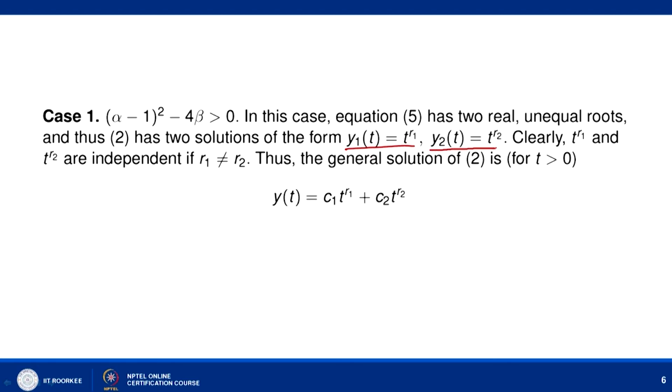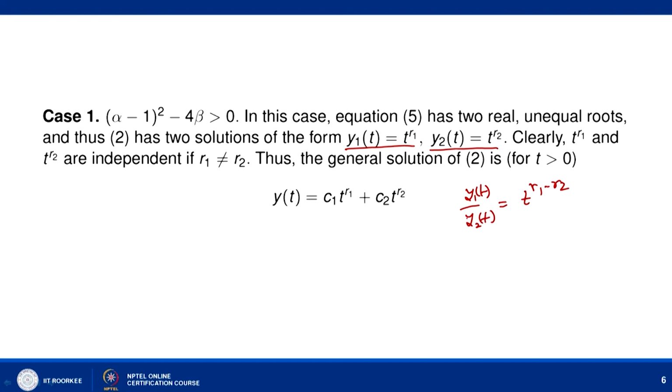We can easily check that these two solutions are linearly independent, because y1 t upon y2 t is equal to t to power r1 minus r2. It means that the ratio of these two is not constant.